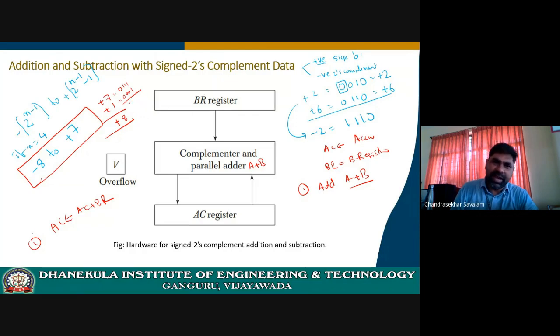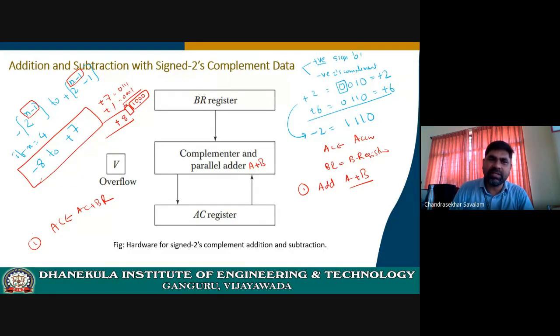The sum must be 8. So 8 means you need to exclude one sign bit. Out of 4 bits, students, one sign bit must be excluded. See here, n minus 1. One sign bit must be excluded. So in this case, to represent the actual result you need 4 bits. This is n minus 1, and one more bit is there, which is the sign bit.